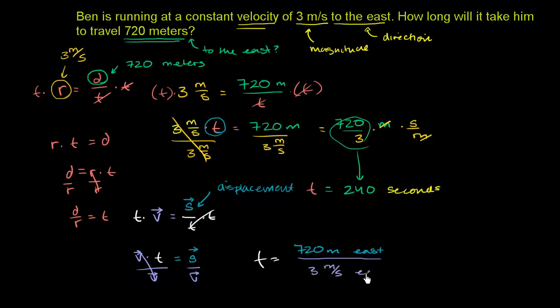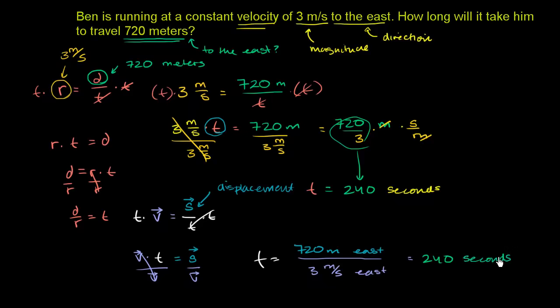Once again, 720 divided by 3 will give you 240. And when you take meters in the numerator and divide by meters per second in the denominator, that's the same thing as multiplying by seconds per meter. Those cancel out, and you are just left with seconds here.